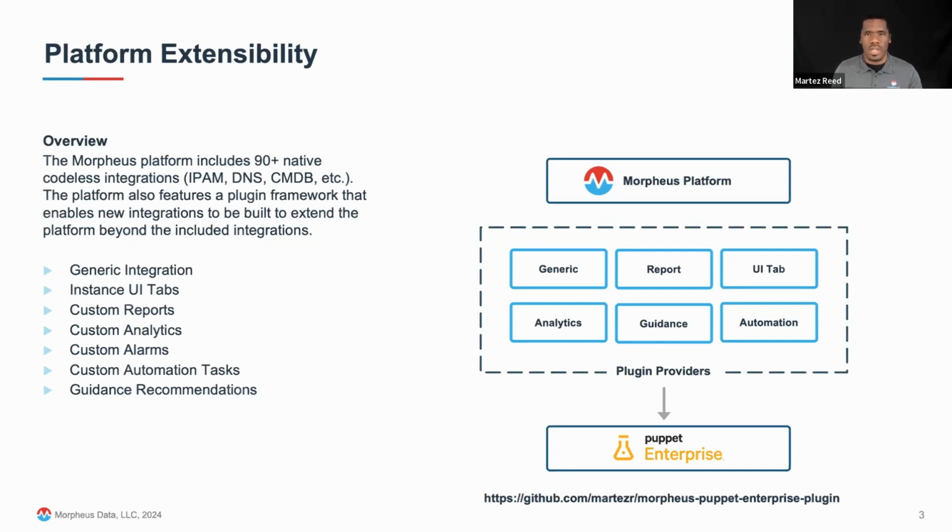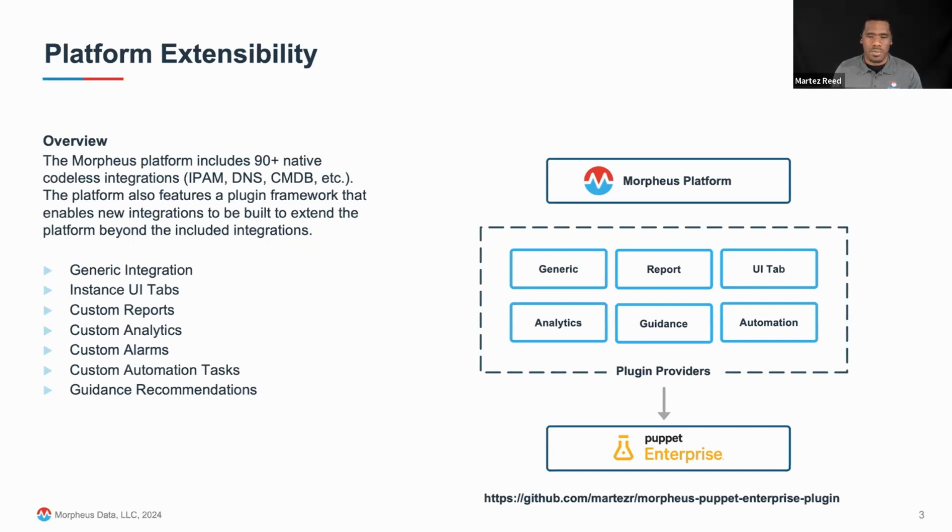We're going to walk through a number of the providers that are available within the plugin architecture, some that I'd imagine many may already be aware of, as well as some new ones that have been introduced in recent versions of the Morpheus platform. We're going to start off with generic integration, which is a really exciting capability that has been added in the latest release of the Morpheus platform and the plugin architecture to be able to provide an integration similar to those that are native to the Morpheus platform.